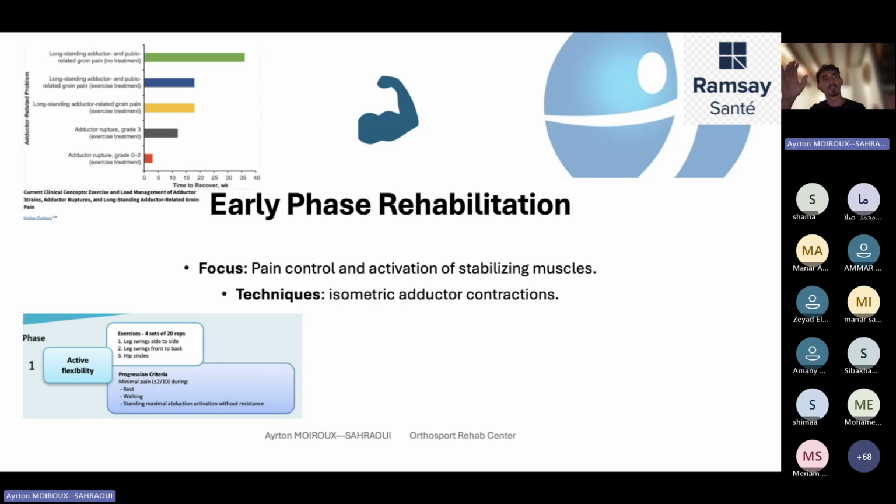But if the location isn't correlated with special tests, then that's where you can work on the biomechanical. He experiences pain here, but when I'm testing here, that's not painful.